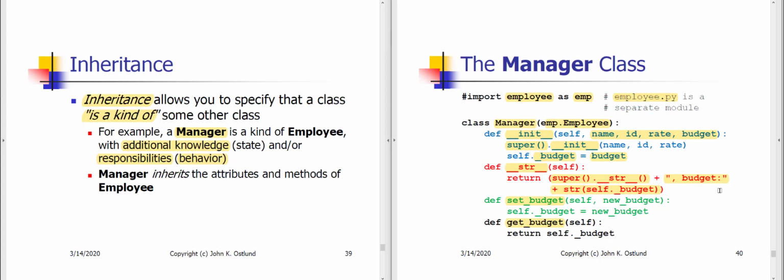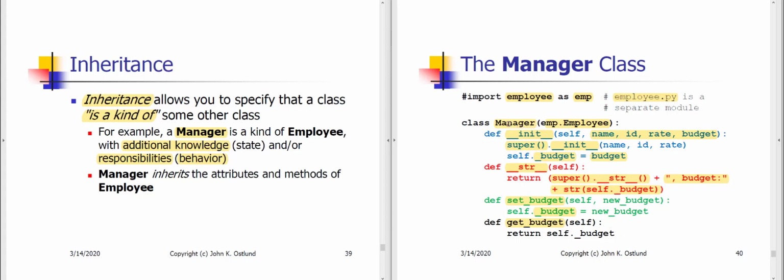We're appending comma space budget colon, and then the budget value to convert the manager into a string that can be displayed. Then these incremental methods, set budget and get budget, are quite simple. We pass in a budget argument, and we assign that into the underscore budget attribute, or else we just return the underscore budget attribute.